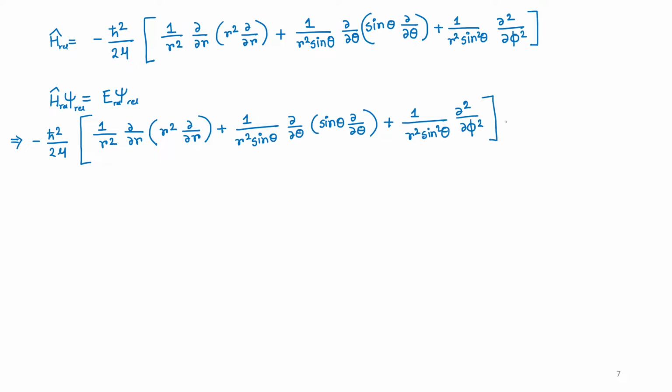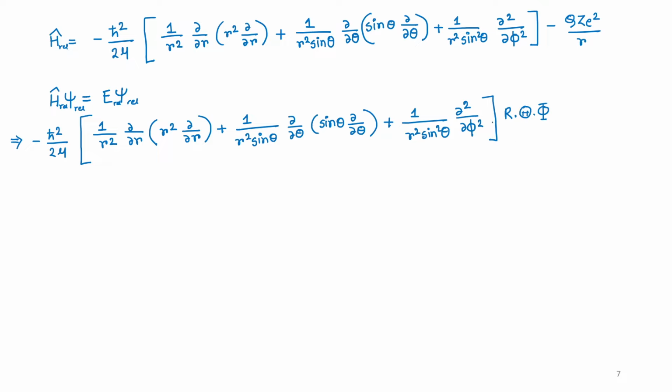Okay, I missed one term here. So this is the kinetic energy term, right? I missed the potential energy term, which was like this, so just like this we can write it. So this is multiplied by your psi, which is now R, capital Theta and capital Phi, right?